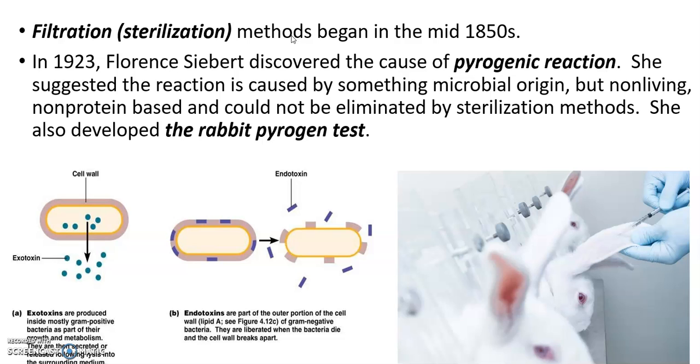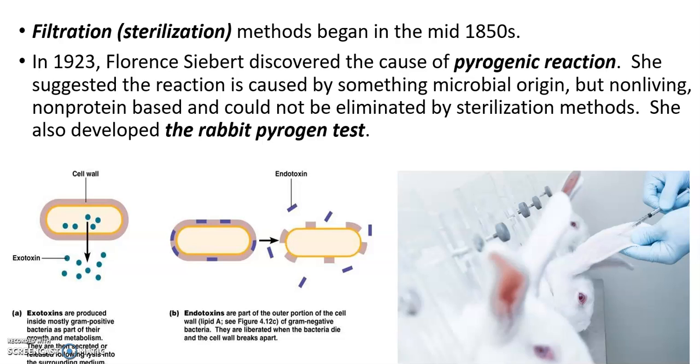And then in 1923, they understood that besides living microbes, there is something else that can cause problems. They understood there is something called pyrogen or endotoxin that can cause a pyrogenic reaction, which can kill a patient. You've probably heard this term before, and if you haven't, please understand what that is.